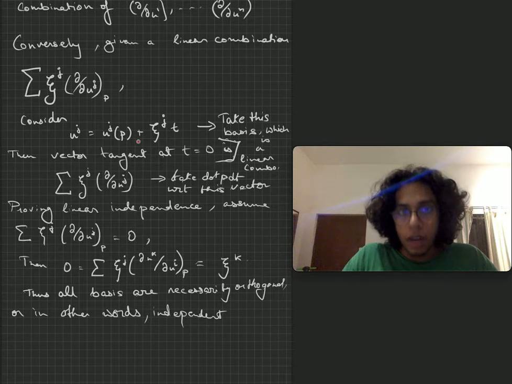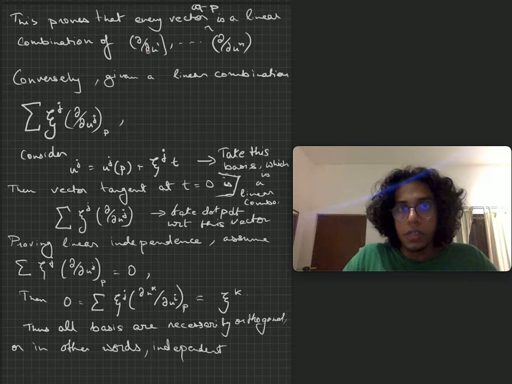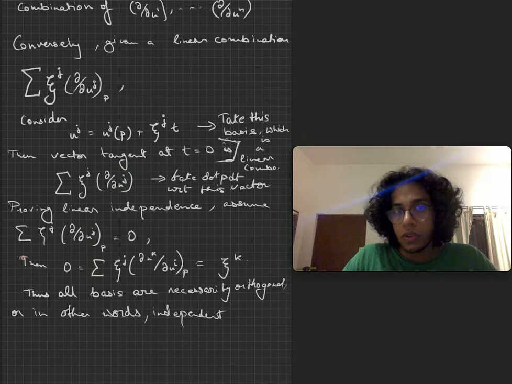So what you get in the end is basically some kind of a linear split in terms of chi of dou by dou u j itself, because every other dou u i by dou u j vanishes, okay?